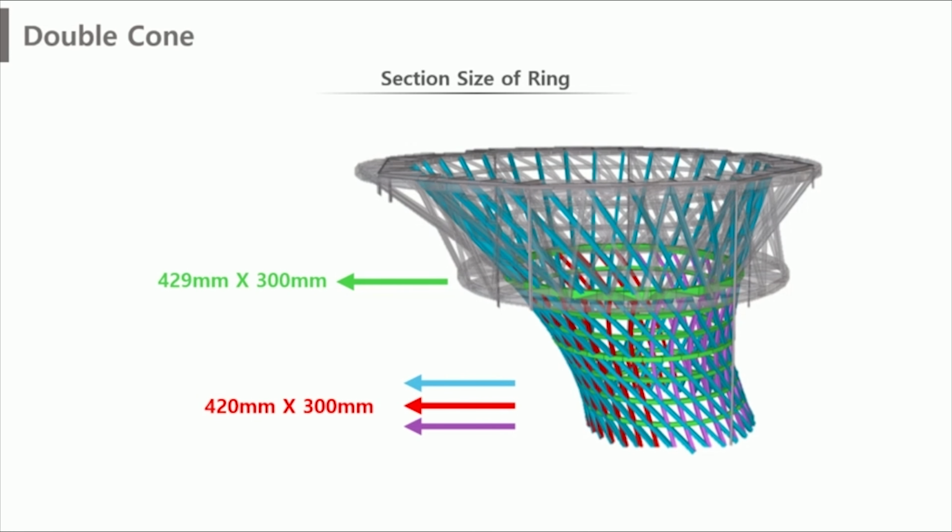All of the generics and diagonal members, which are blue, red, purple, have a size of 400 mm multiply 300 mm. But the size of the ring section on the connecting joints, which is green, is slightly larger. Size is 429 mm multiply 300 mm.